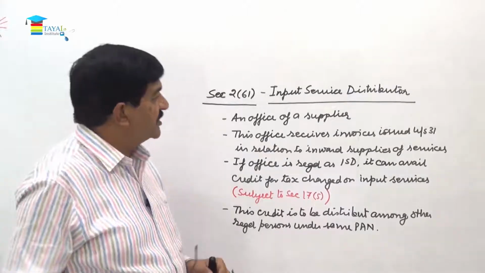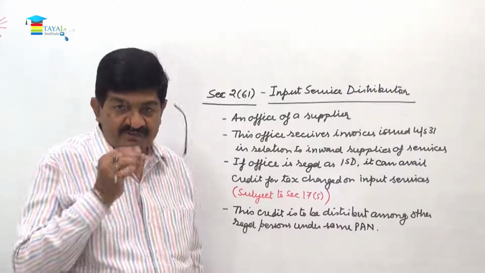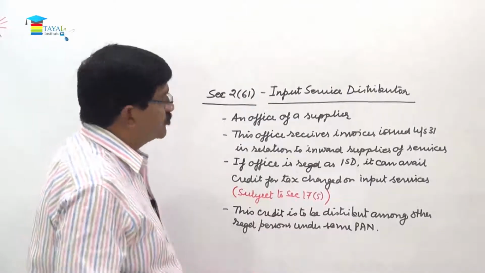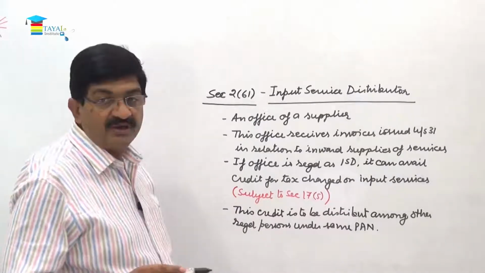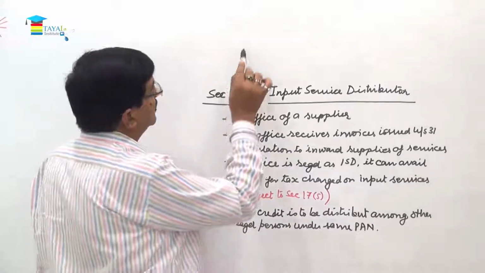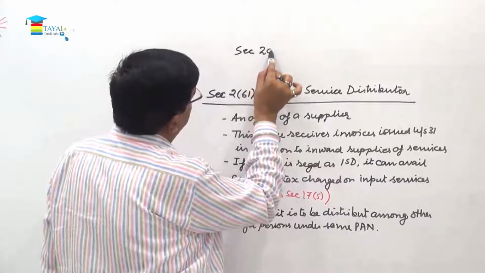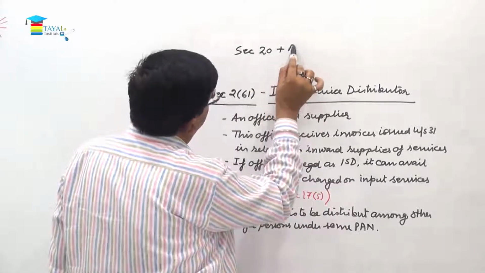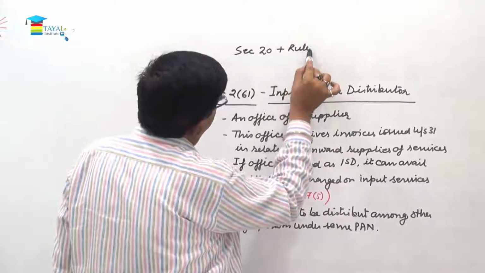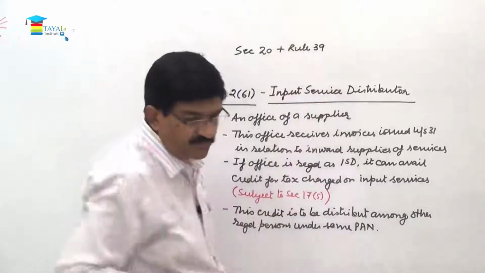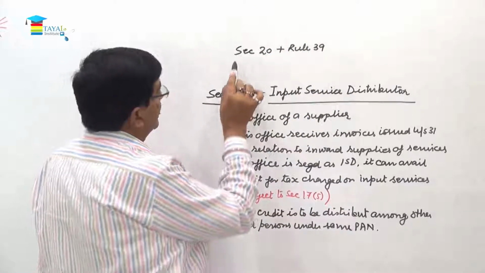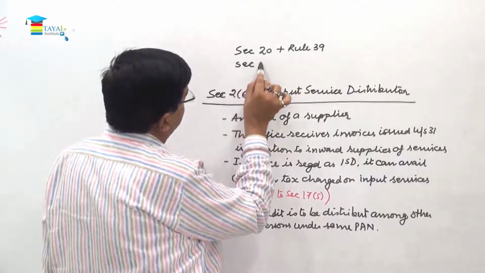Okay, so this is what is called input service distributor, and now we need to talk about how and when the credit is to be availed and how this is to be distributed, and for that we are concerned with section 20. This is to be read with rule number 39. And then we also have section 21.